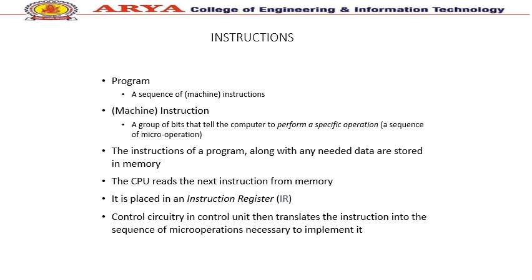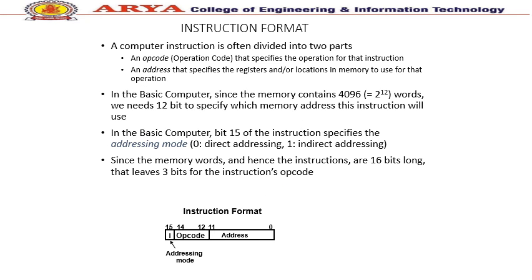The CPU reads the next instruction from memory. It is placed in an instruction register, that is, IR. Last, control circuitry in the control unit then translates the instruction into the sequence of micro operations necessary to implement it.